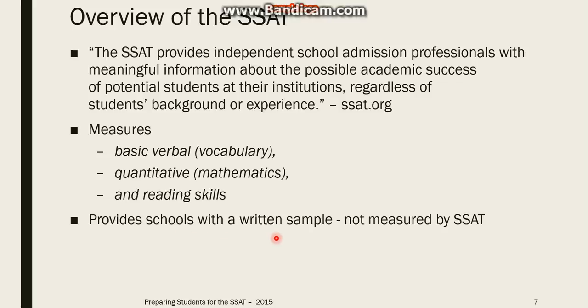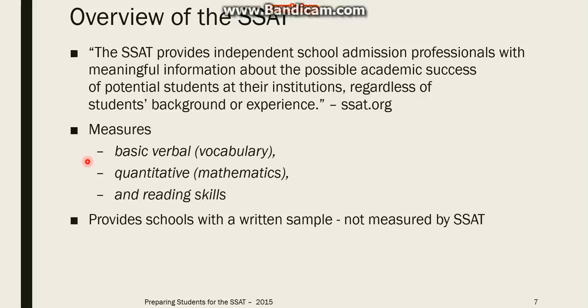Now, this is not measured by SSAT, but it's really important because that information is sent directly to the school that's looking at that student as a possible candidate. And so the school could potentially just eliminate that child based on the writing sample. So if the writing sample doesn't look up to snuff, that could be a big problem. And it's very unfortunate.